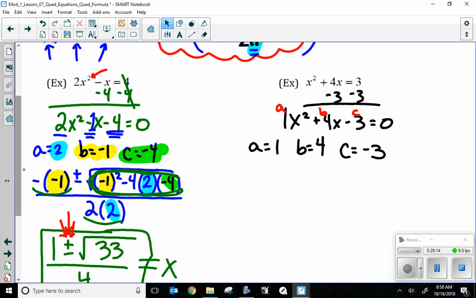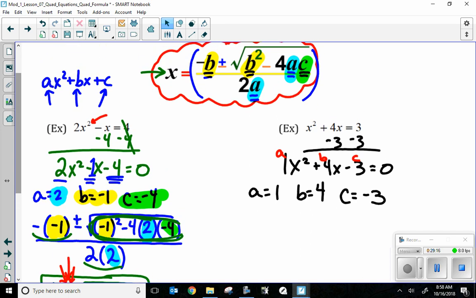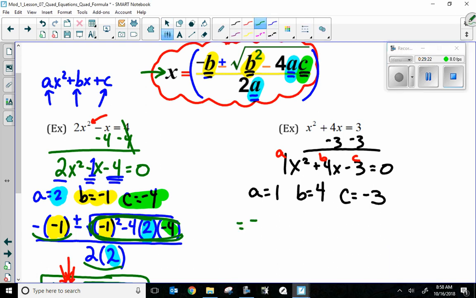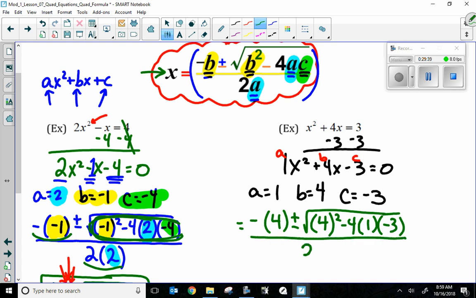If you need to see the equation up top, you have it right here. I'll move this up here so we can see it while we're plugging it in. The negation of b plus or minus the square root of b squared minus 4 times a, which is 1, times c, which is negative 3, all over 2 times a, which is 1. That looks good.